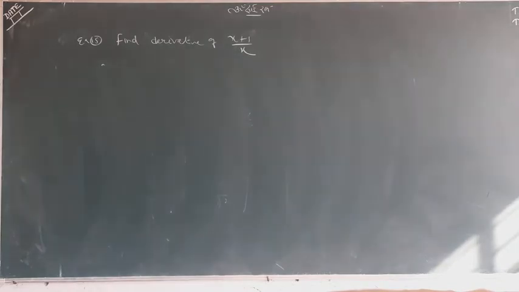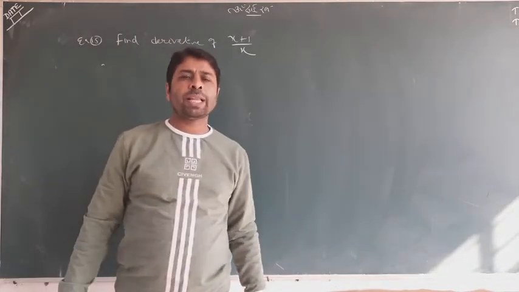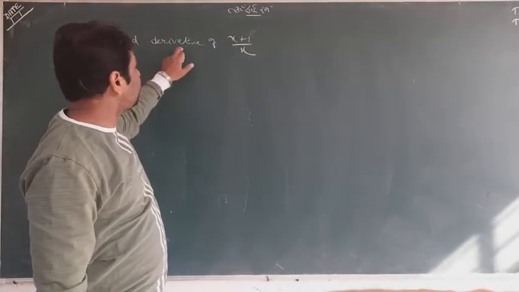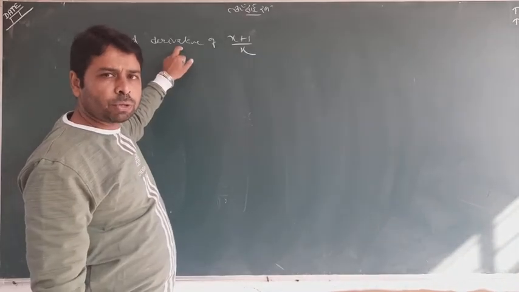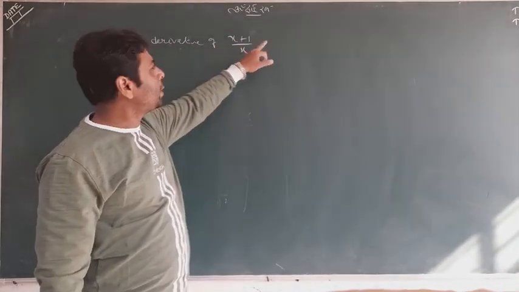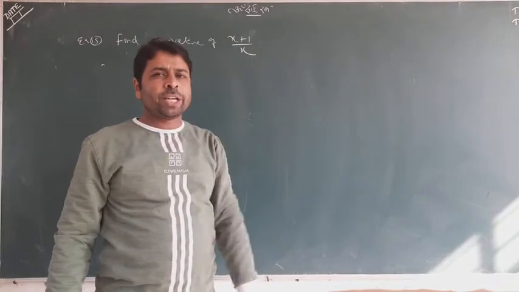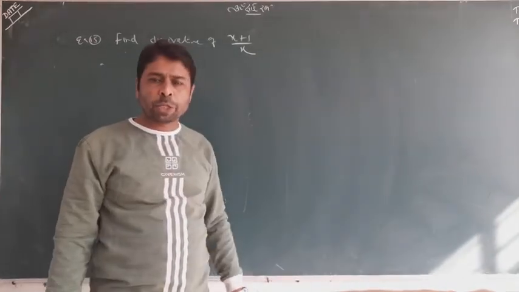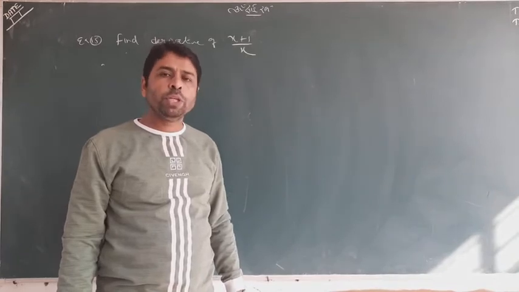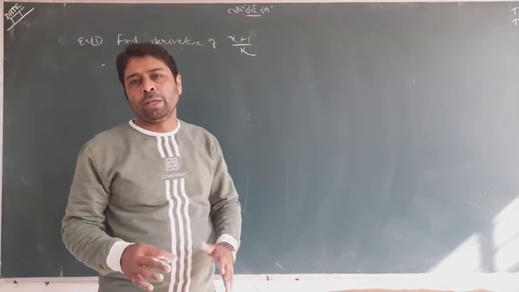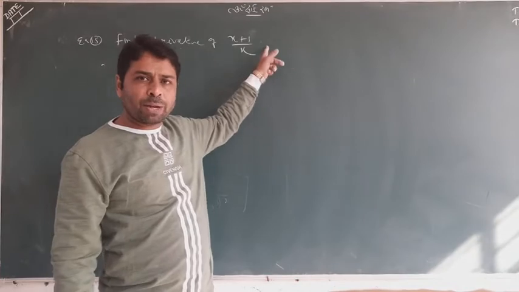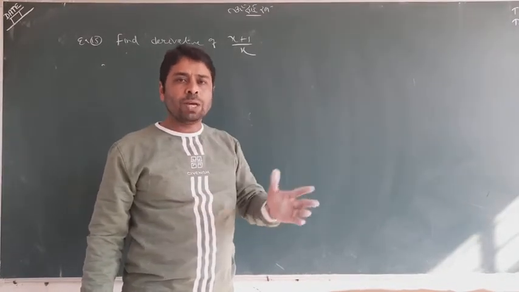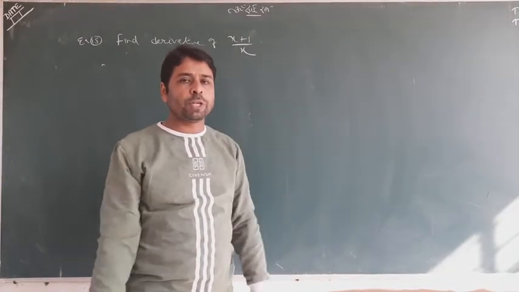Let me tell you one thing, and I want to draw your attention to the language. Find the derivative, meaning differentiation, of x plus 1 upon x. But it is not specifically stated there to use first principle. When it is not told to use first principle, don't use first principle. Only use the fundamental formula method. So it is not told here to find the derivative by first principle, so okay, we are free, we will not use first principle.